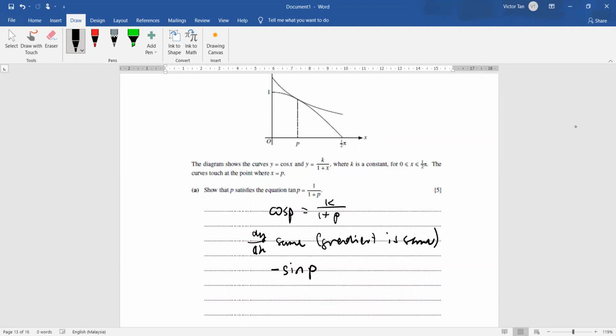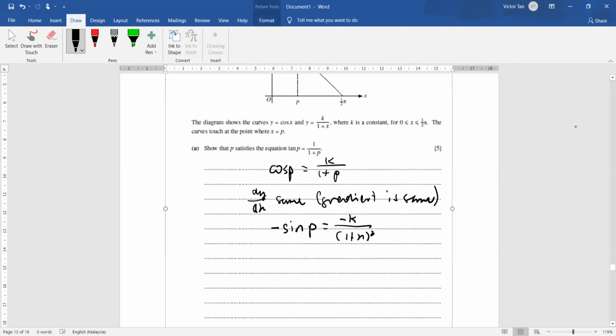So minus sine p equals the differential of k over 1 plus x, which is minus k over (1 plus x) squared. So cancel off this minus. There you have it already.